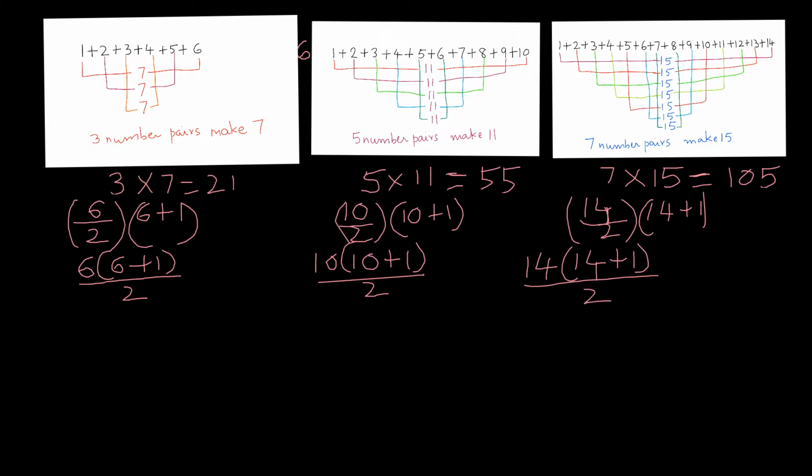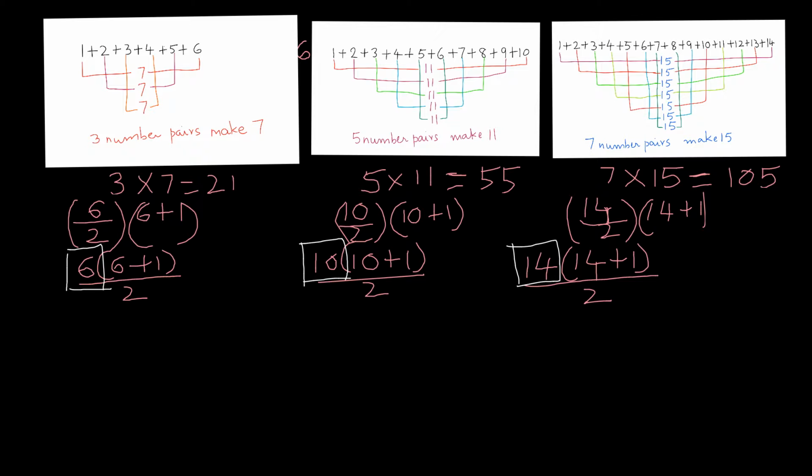Now I would like you to look at each of the number expressions, observe it carefully, and we can see that there were some numbers that changed, whereas some numbers did not change. So we see that in the first expression we had a 6, in the next one we had a 10, and in this one, it was a 14.